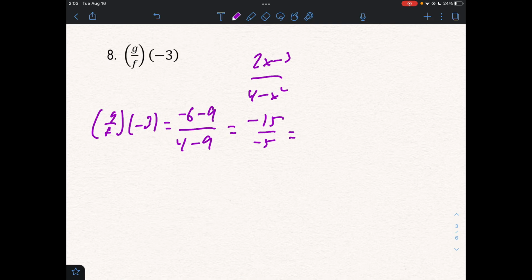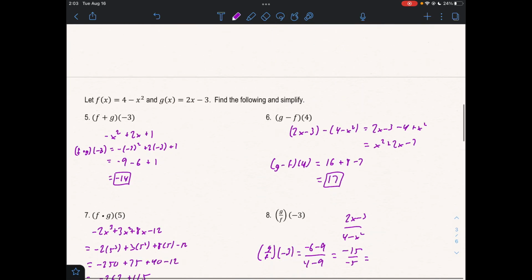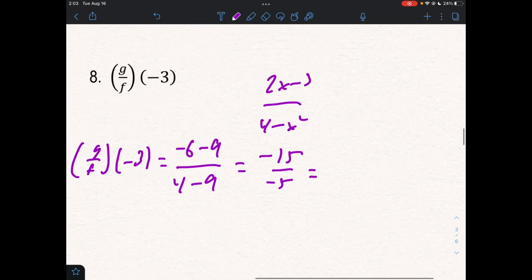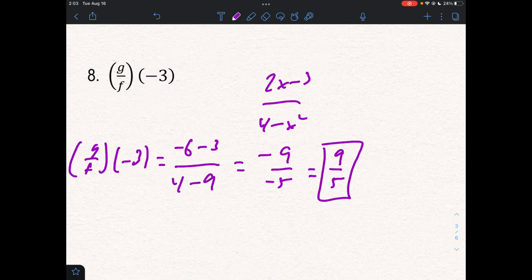I'm sorry, double checking my work here. 2x minus 3 over 4 minus x squared. Negative 6 minus 3, that's where I messed up there. Negative 6 minus 3 is negative 9 over negative 5, which we can reduce to 9 over 5. Knew something looked fishy there.